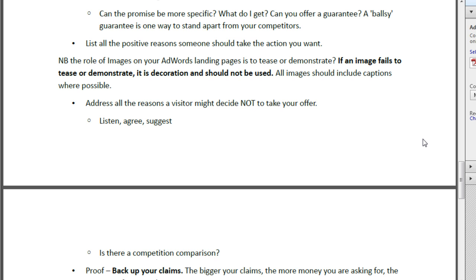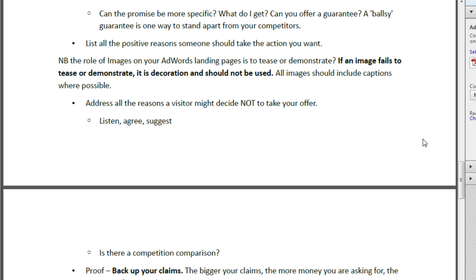If you are asking people to make quite a big leap in terms of their current understanding to the point at which they are ready to take the action that you want, then you need a much longer landing page. And you're going to have to list all the possible reasons why someone should take the action that you want them to take.